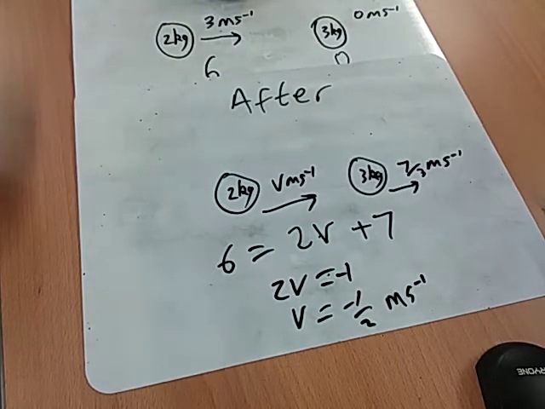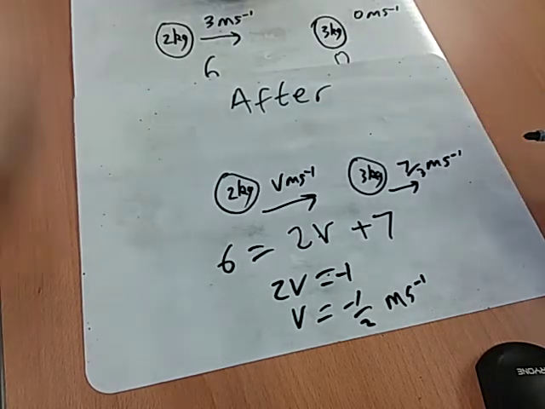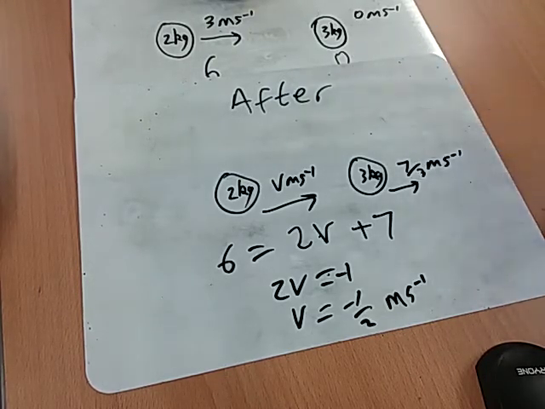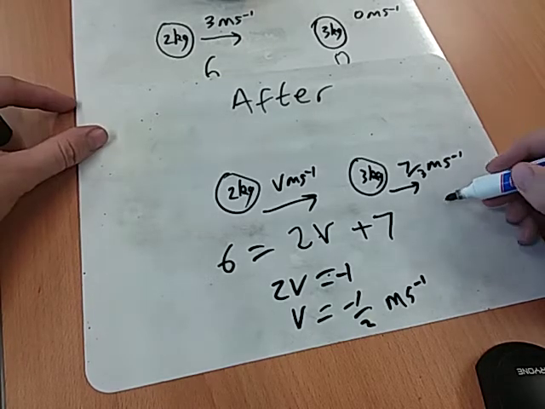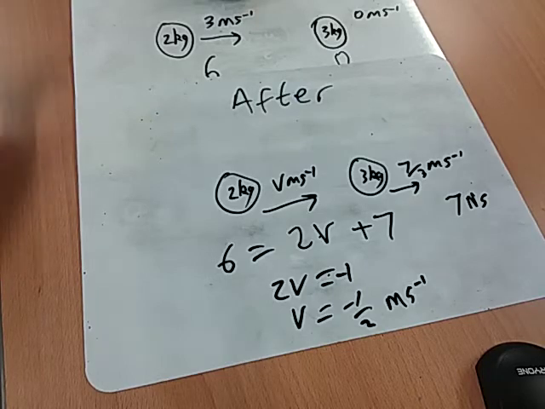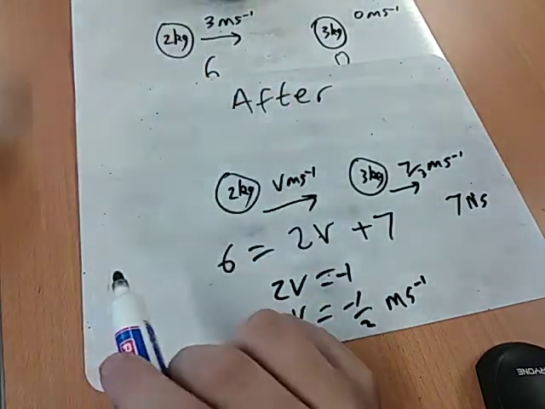The other part of the question we're going to do, we mentioned impulse in the first video. The impulse you can think of as the change of momentum. We can do the impulse on a particular object. So if we were trying to do the impulse on, say, the 3 kilogram ball, its momentum before was 0, its momentum after was 7, and so its impulse would be 7 Newton seconds. If we try doing the impulse on the other ball, well, its original velocity was 3.